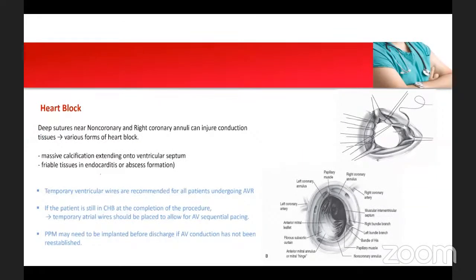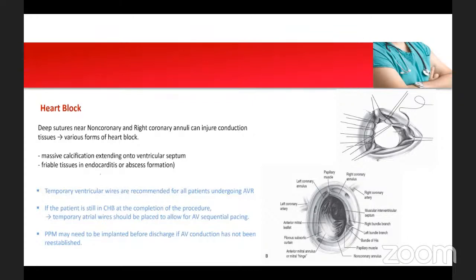Another bad complication that can happen when a suture is placed deeply near the non-coronary and right coronary cusp is heart block, and this happens with massive calcification or friable tissue, as in case of infective endocarditis. So temporary ventricular wires are recommended for all patients undergoing AVR.